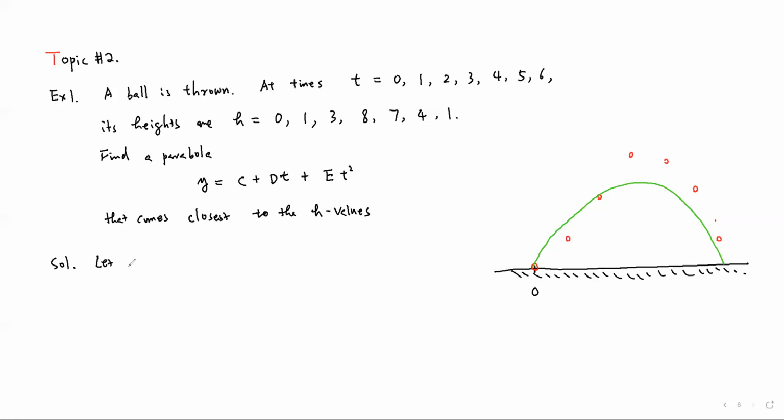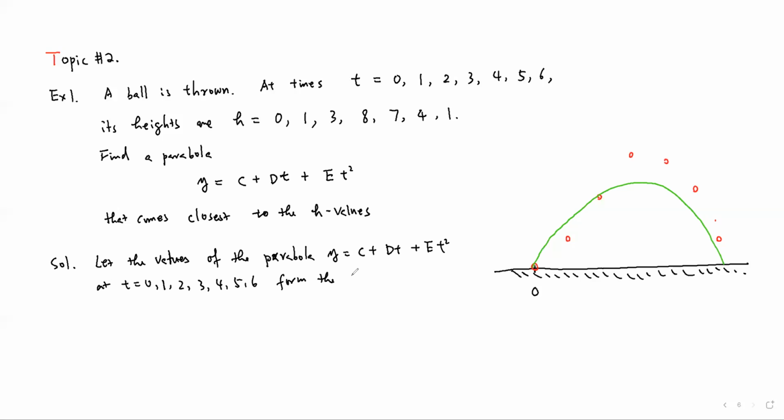Then let the values of the parabola at time 0, 1, 2, 3, 4, 5, 6 form a vector.